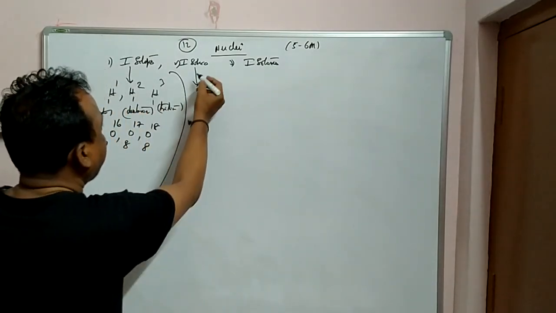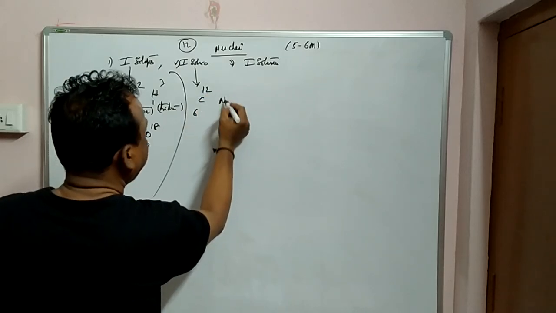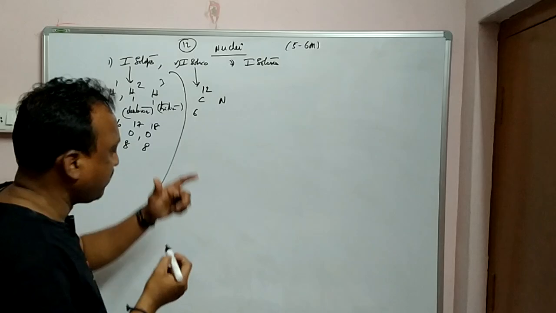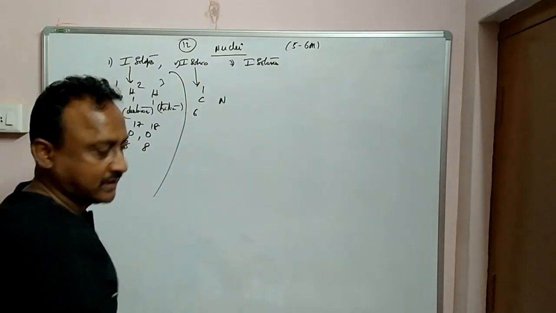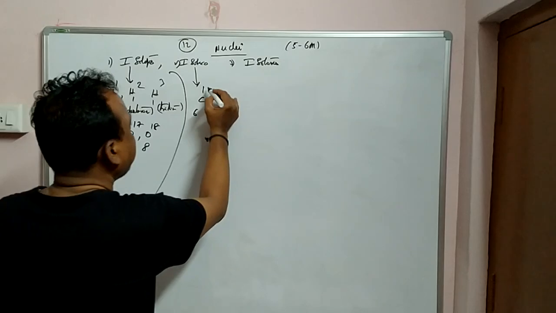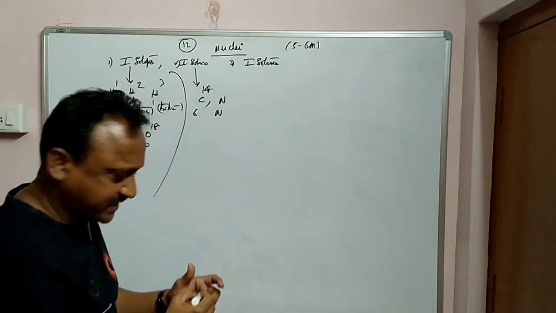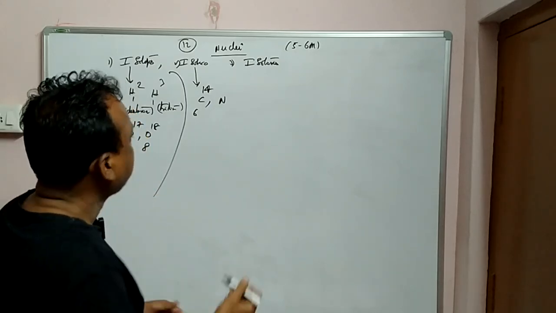For example, you can take isobars carbon 6, 12 originally, but the unstable one you can take is carbon 14. The same as nitrogen, nitrogen 7, 14 you can take.